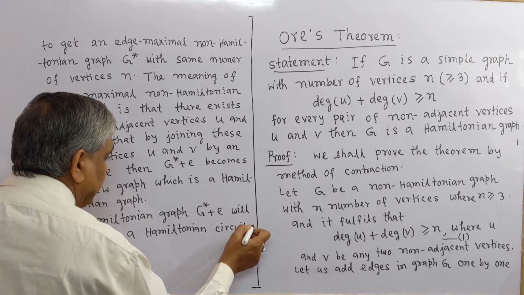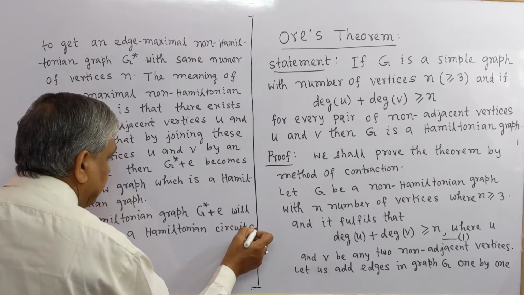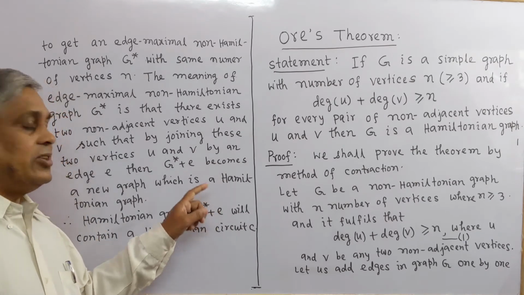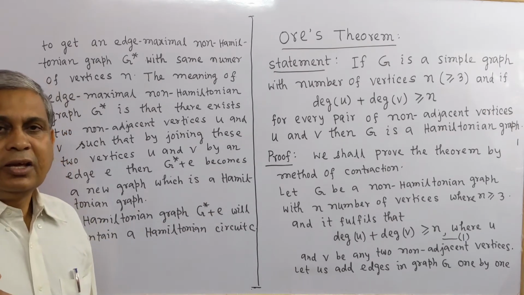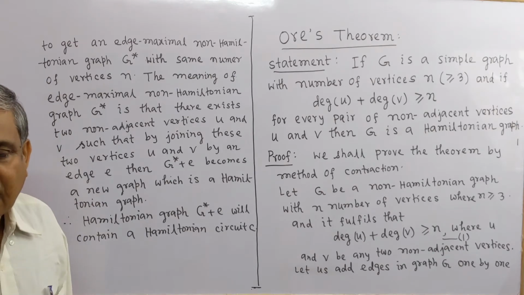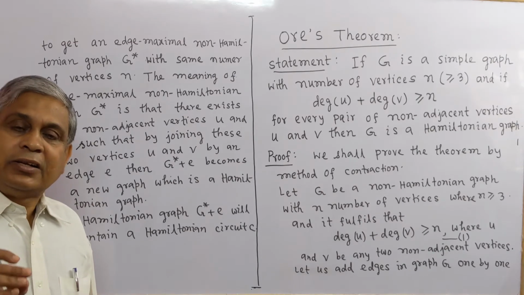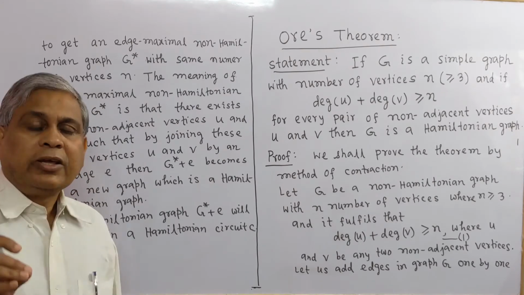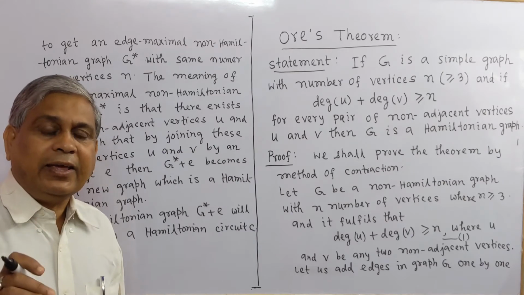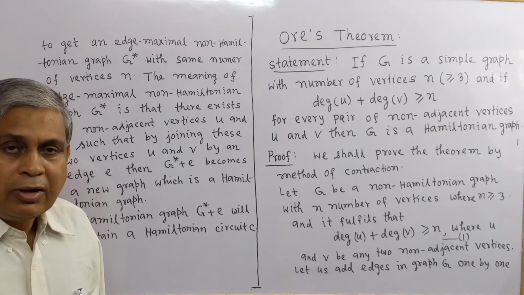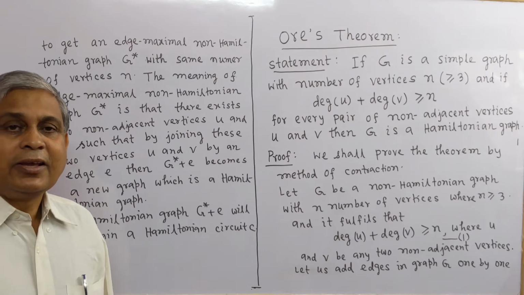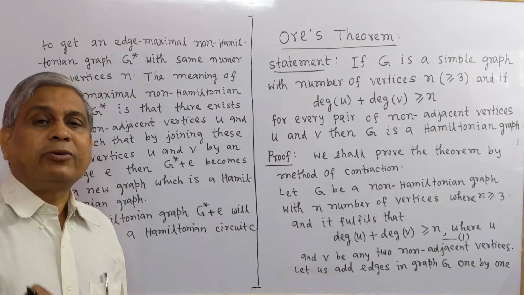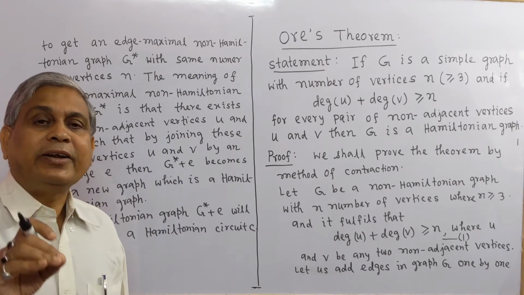Let the name of the circuit be C, Hamiltonian circuit C. If we delete this edge E from the circuit, then the circuit changes to a Hamiltonian path. If we add an edge to the Hamiltonian path, then that Hamiltonian path is converted to a Hamiltonian circuit.